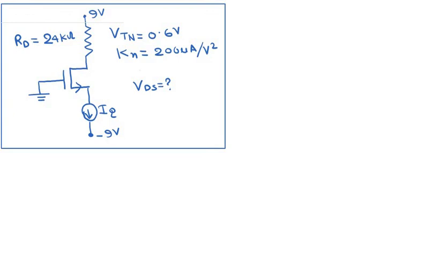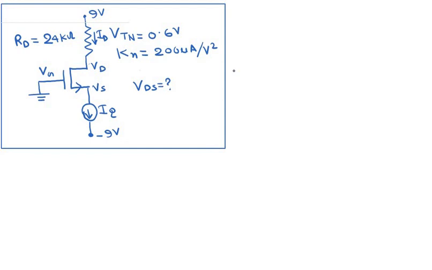Now we first have to determine whether the MOSFET is operating in saturation or in the triode region. So we have to see if we can determine that. Now this is VD, VS, and this is VG, and this current is ID. From this circuit we can understand that ID is equal to IQ, because a current IQ is getting out of the source.